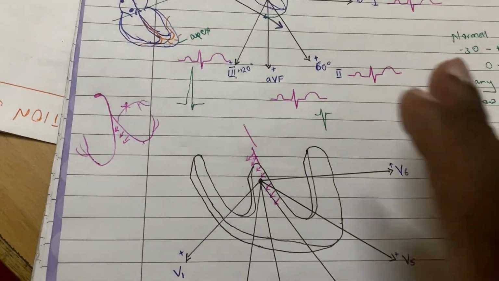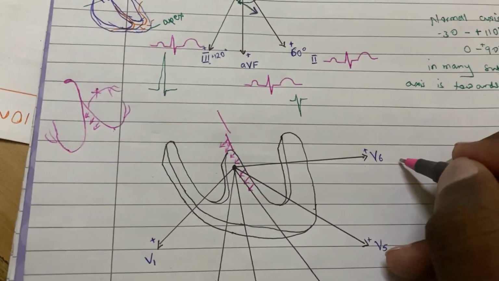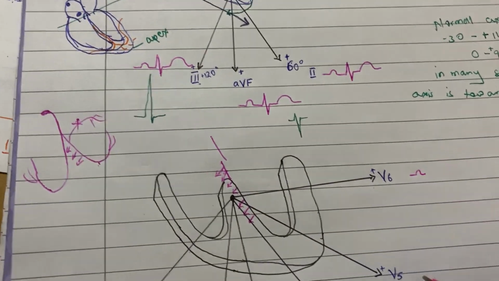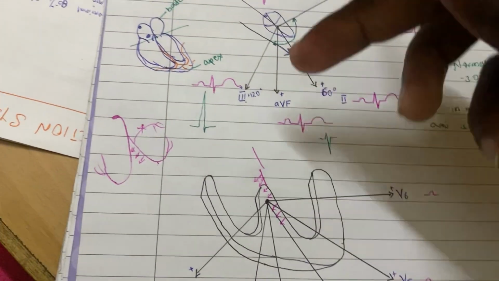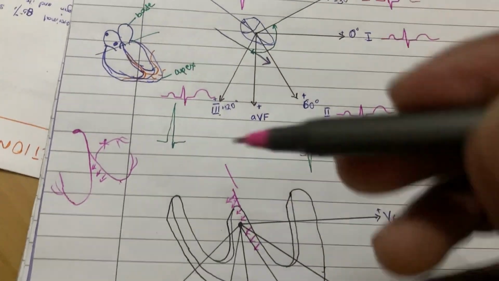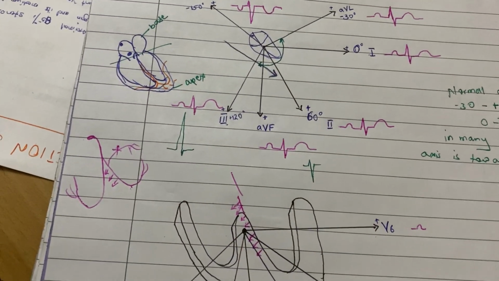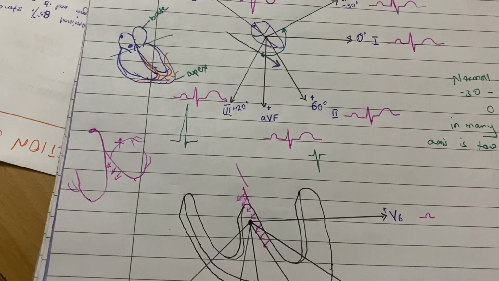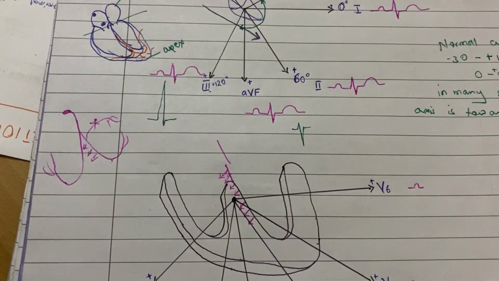First, the P wave. P waves will be positive in these leads, because this is the net depolarization moving towards the positive terminals of all these leads. The exception is going to be V2, V1.